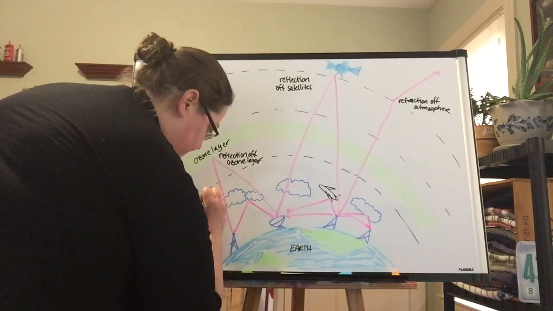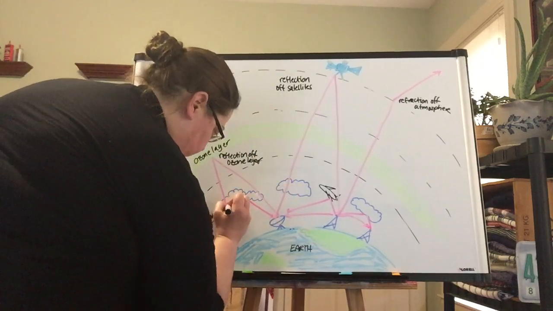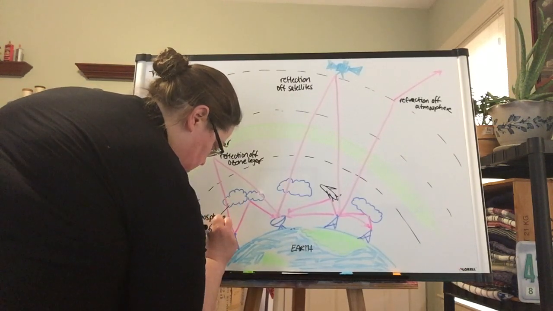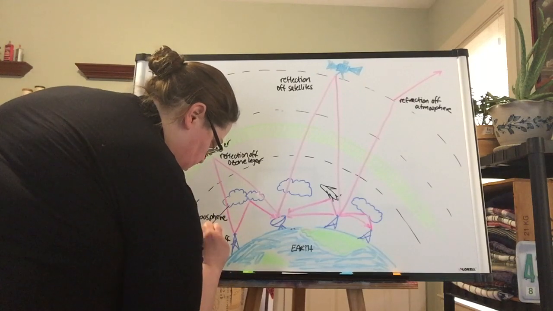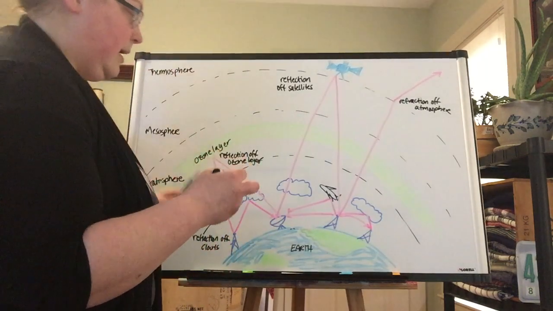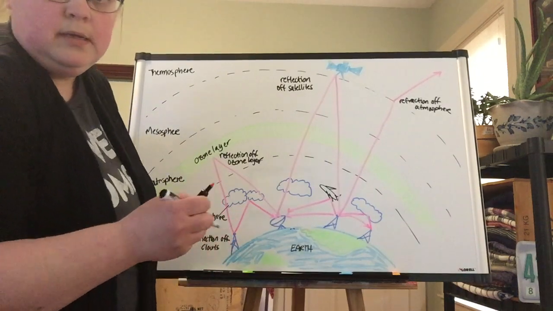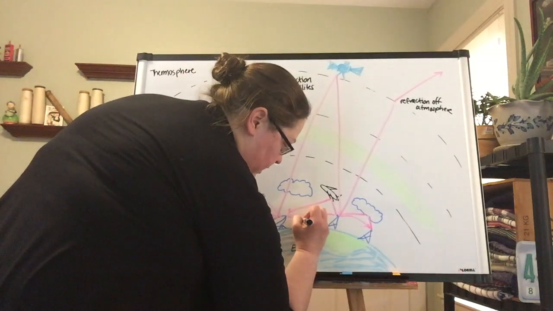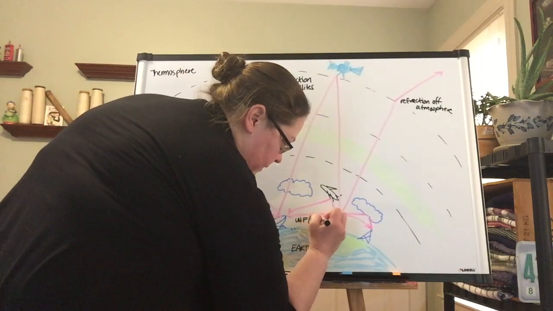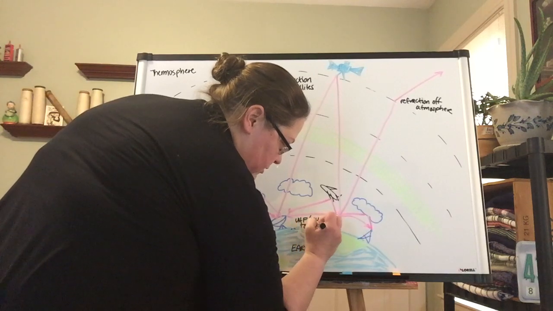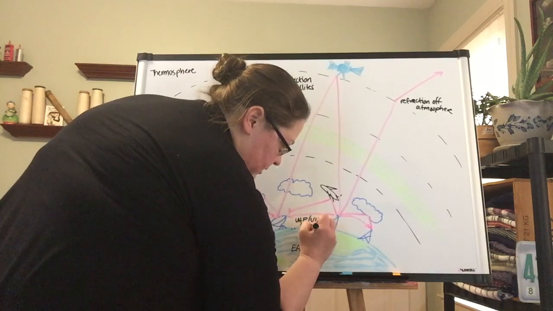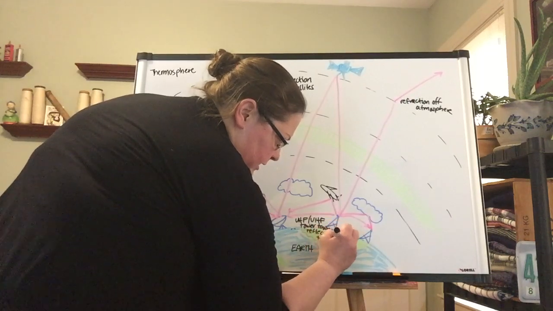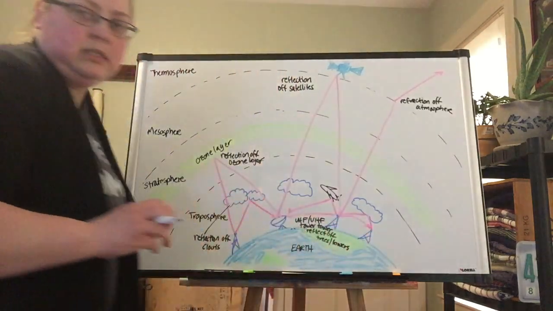We have reflection off clouds. We have tower-to-tower movement. So those are typically our UHF, VHF, which are going to be tower to tower. They're going to reflect off trees and towers and all sorts of stuff.